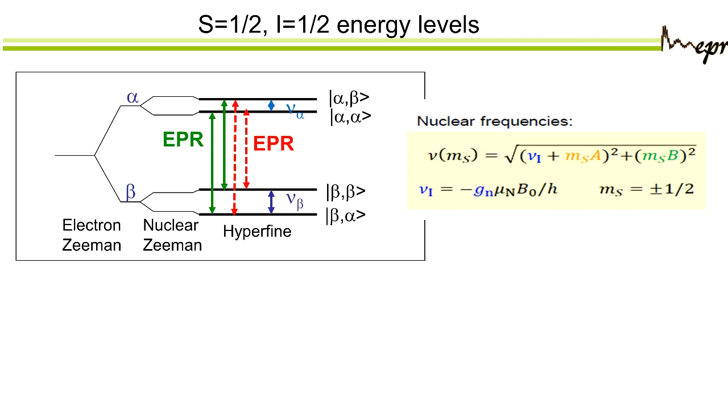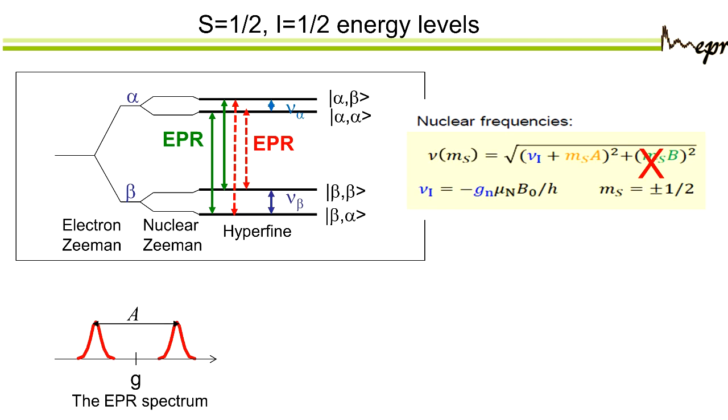Now, when you work at high field, then you can neglect this term, and then your lines are really very symmetric with respect to the Larmor frequency. However, if you are at low field and the B term becomes important, then they are not symmetric anymore.